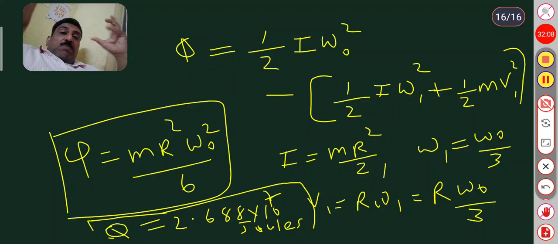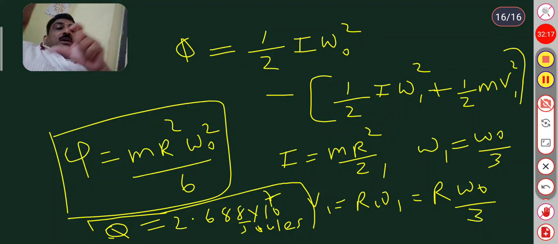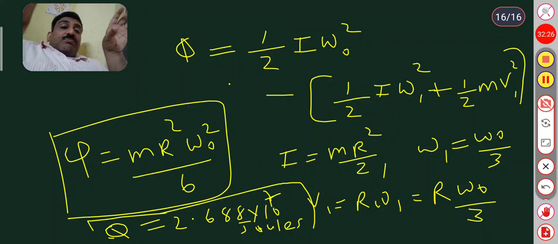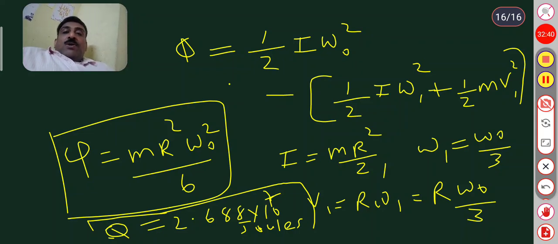By calculating the power and then integrating to find the heat generated, or by finding the initial energy minus the final energy. The final energy will be less than the initial energy. The final energy will be the rotational kinetic energy plus the translational kinetic energy, and the difference gives the energy lost, which is converted into heat. Right, thank you.